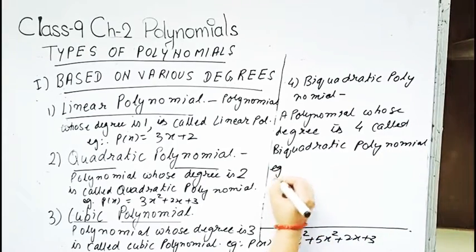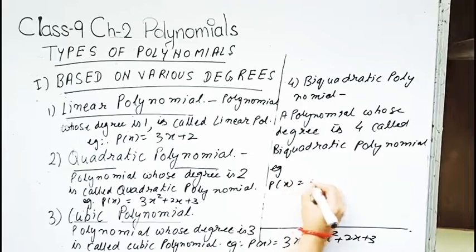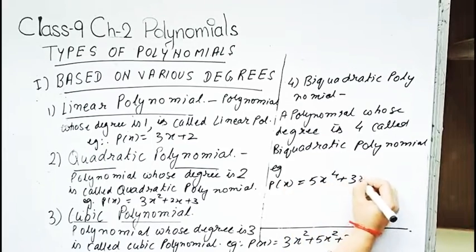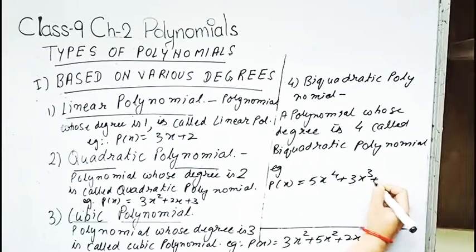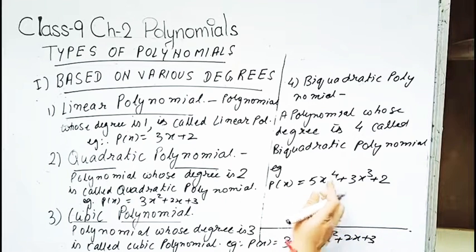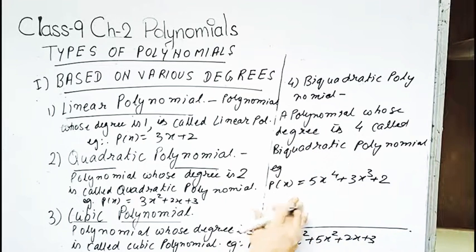For example, p(x) equals 5x power 4 plus 3x cube plus 2. We should take care that the polynomial should have degree 4 to be a biquadratic polynomial. If a polynomial has degree more than 4, we simply call it a polynomial.